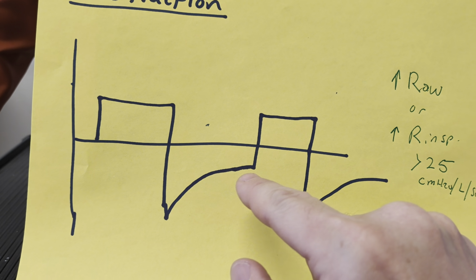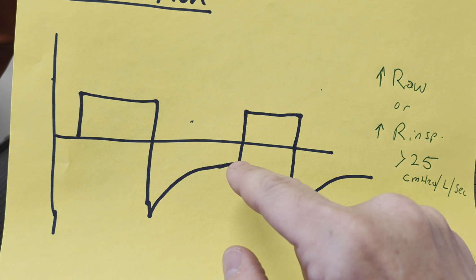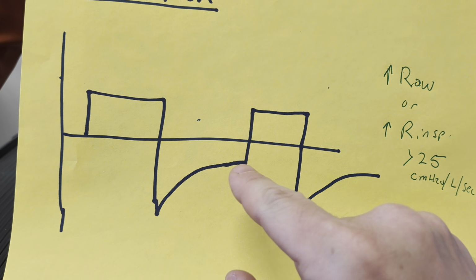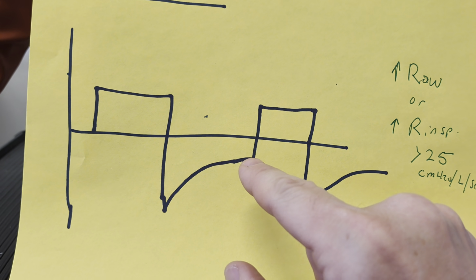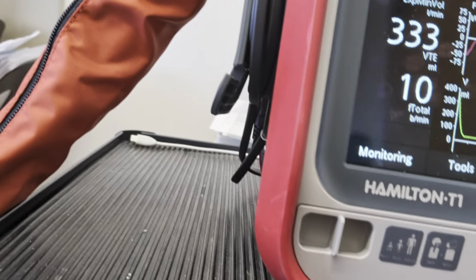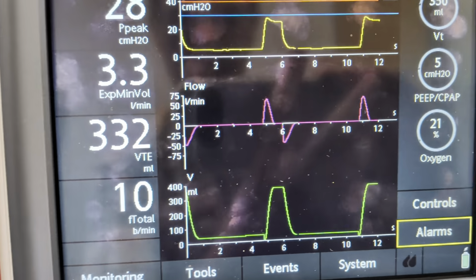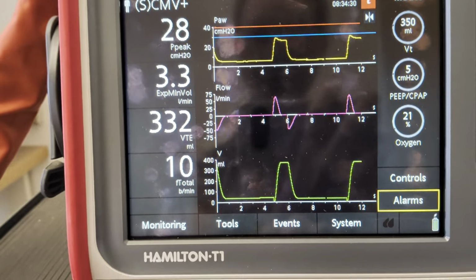And so this is classically what you see: a breath occurring prior to the cessation of expiratory flow. So I'm going to try to demonstrate that in real time here.